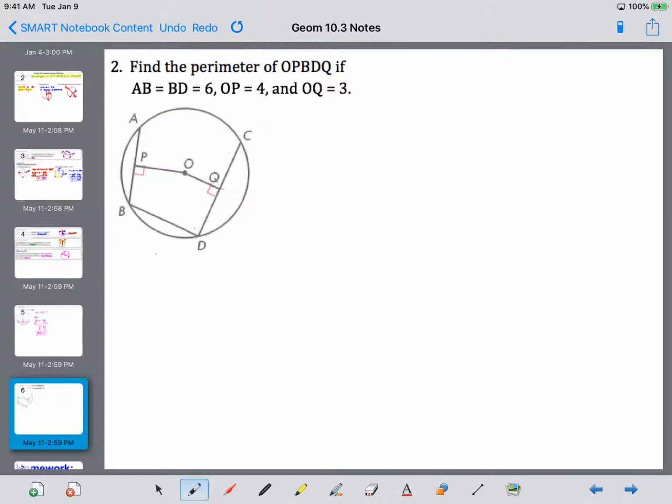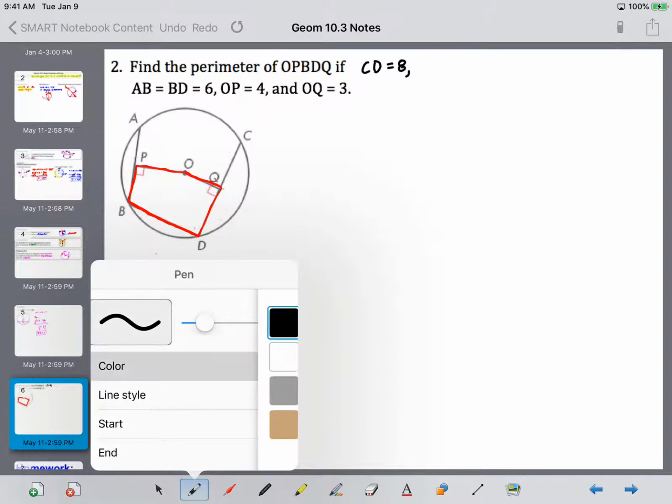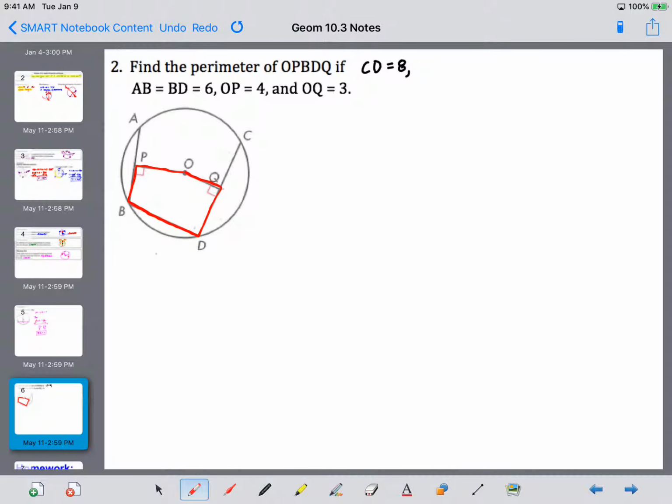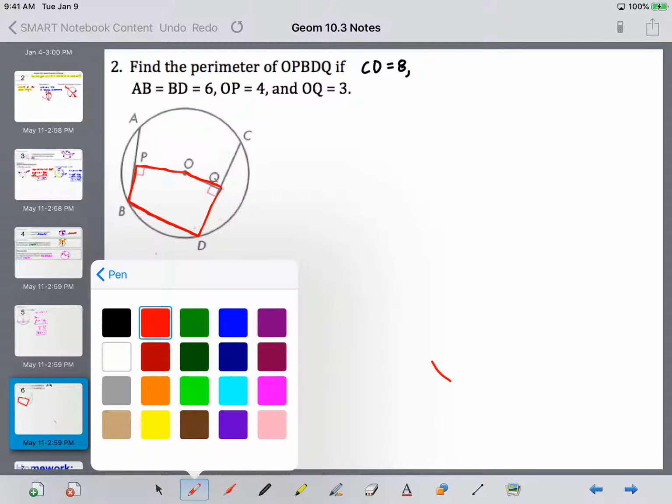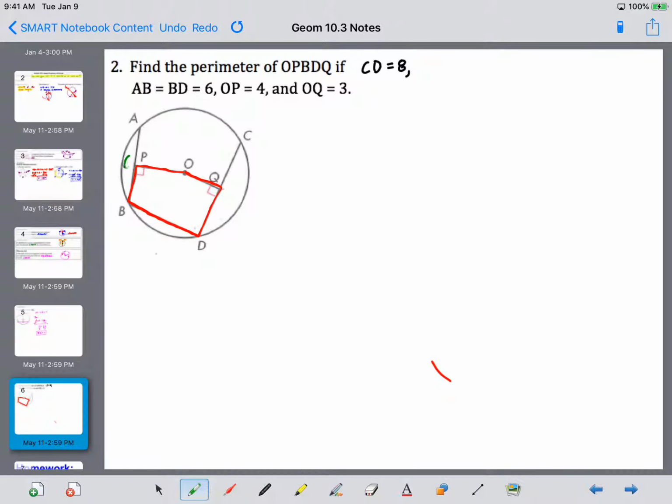We also need to know CD equals 8, so that's actually a given there. So we're going to find the perimeter of OPBDQ, this 5-sided figure. If AB is congruent to BD, and those are both 6, so we know that AB is 6.